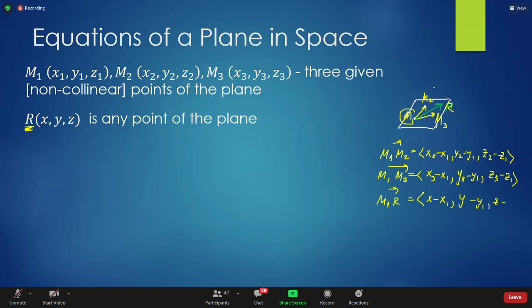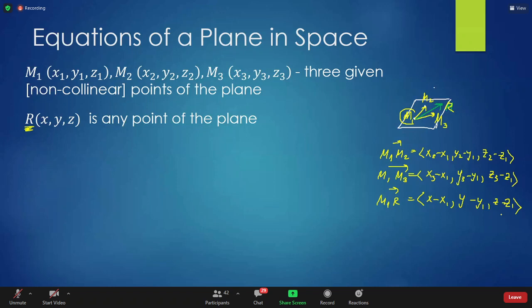So now I have 3 vectors in this plane. 2 of them have fixed coordinates because we have those points given. We know these 3 points. And the third vector has x, y, z involved. So the trick now is to remember something from the vectors.